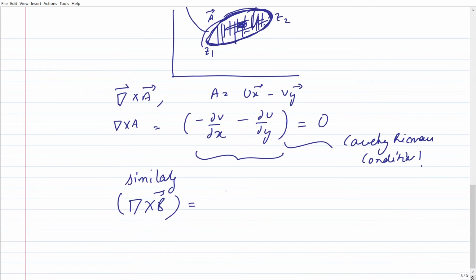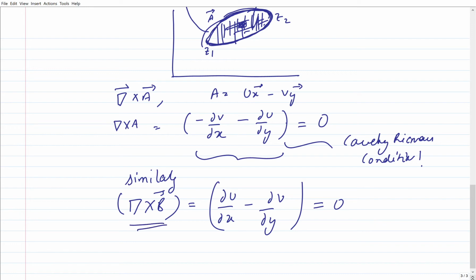The other Cauchy-Riemann thing, which is going to be the partial derivative minus this guy. And this being 0, if the function is analytic, that means the curl of b is 0.